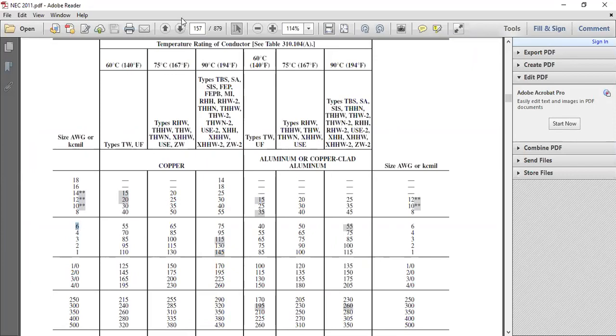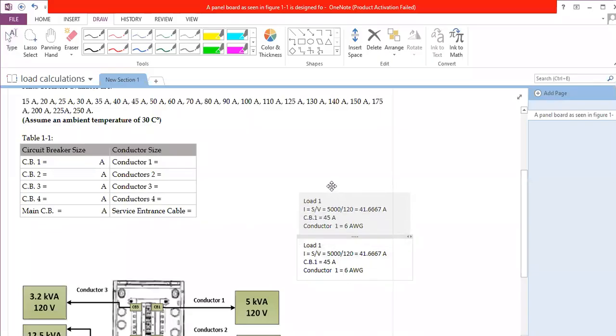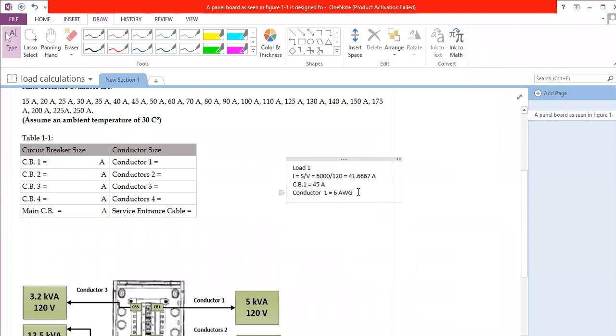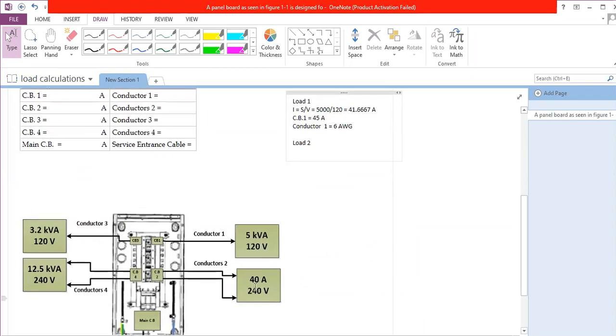Same thing will apply for the other loads. So let's go to load number 2. Here it is. It is 40 ampere. The good thing is that I gave you the current of the load, apart from the power.